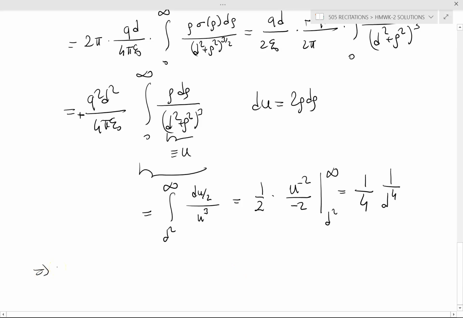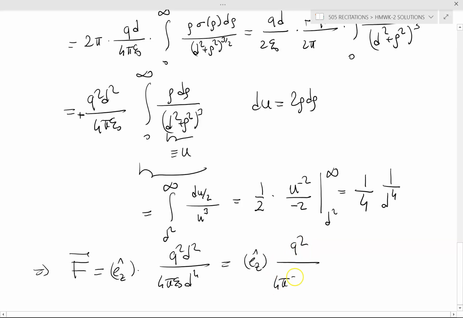If we put this back, F shall be equal to ez q² d² over 4πε0 d⁴, which equals ez q² over 4πε0 (2d)². Sorry, there should be a 4 here. Which is equal to the F found in the earlier part.